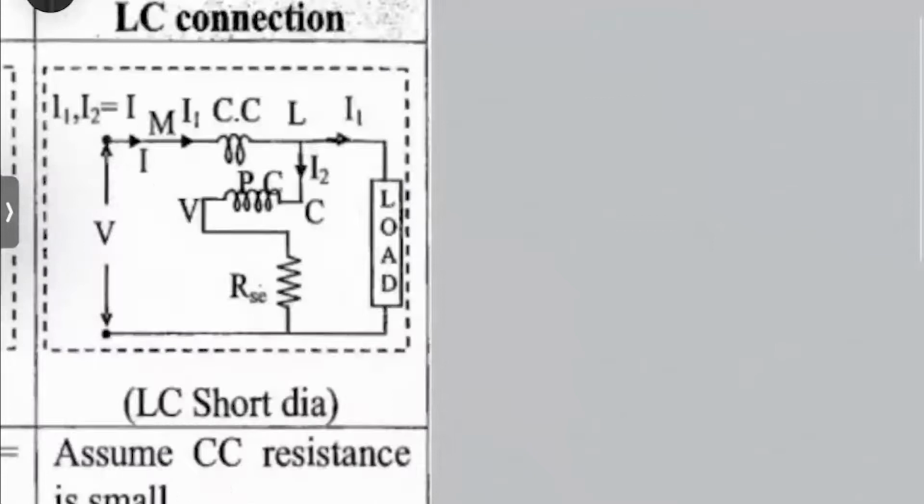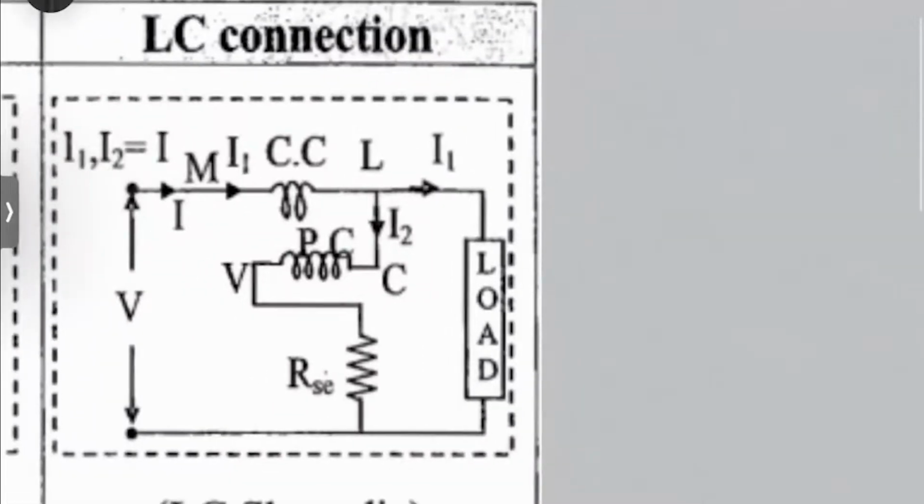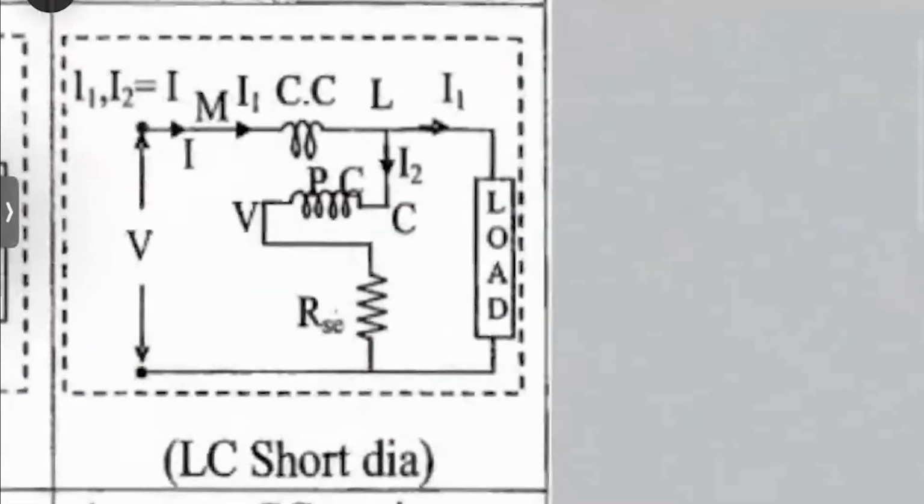Coming to LC connection, what is happening: the pressure coil needs to measure the voltage across the load, but it is drawing some current I2.